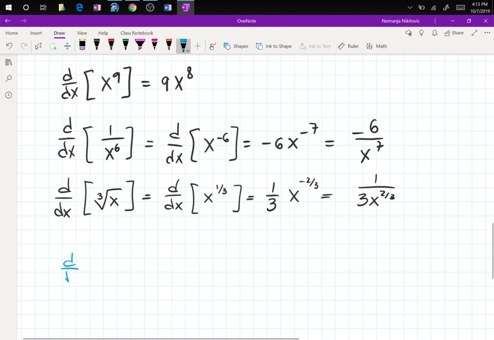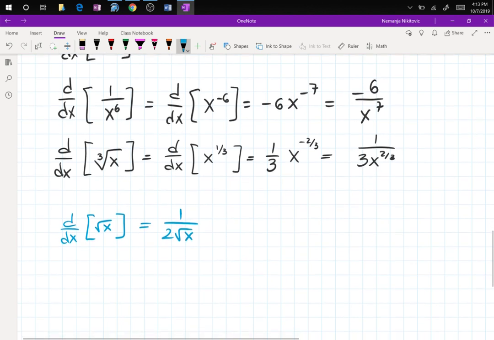And that's the derivative of square root of x, which is 1 over 2 root x. Now, obviously, you can use the rule to show it and prove it. And another one is d dx of 1 over x, the derivative of 1 over x, which is negative 1 over x squared.